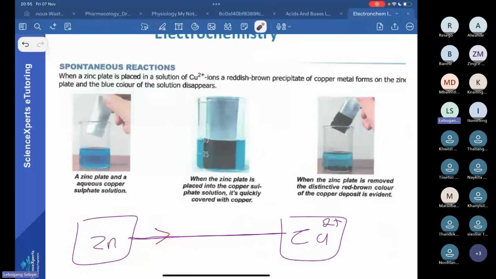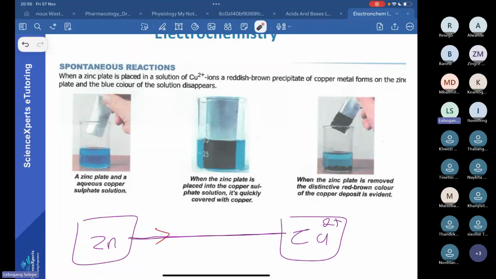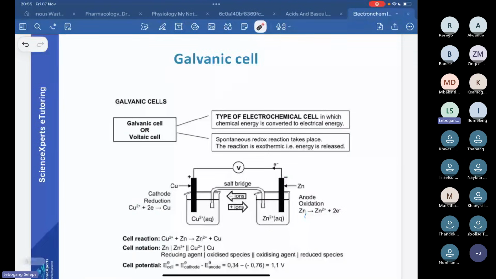We make use of the fact that this thing wants to donate electrons to this thing. We then separate them, make them far apart, but still connect them with a wire. Therefore, the electrons need to flow through the wire, which means we are producing electricity. We are making use of a chemical reaction to produce electricity, converting chemical energy to electrical energy.